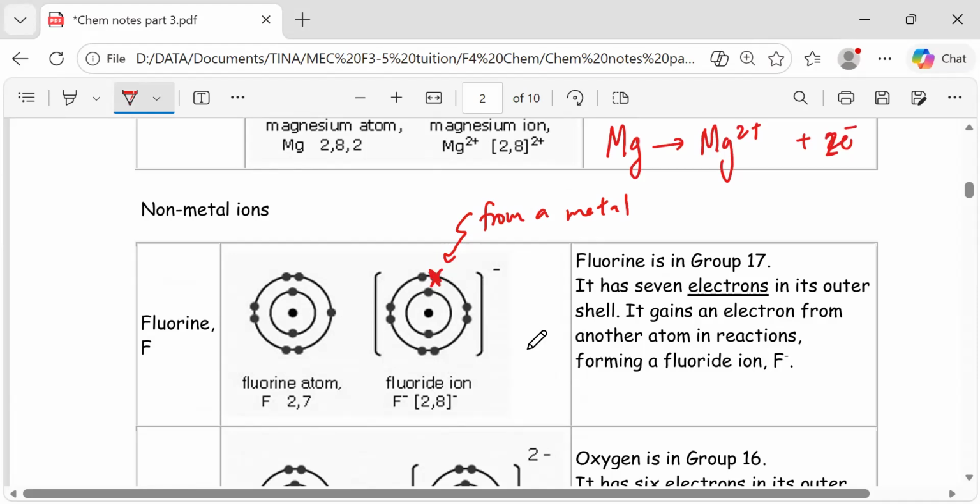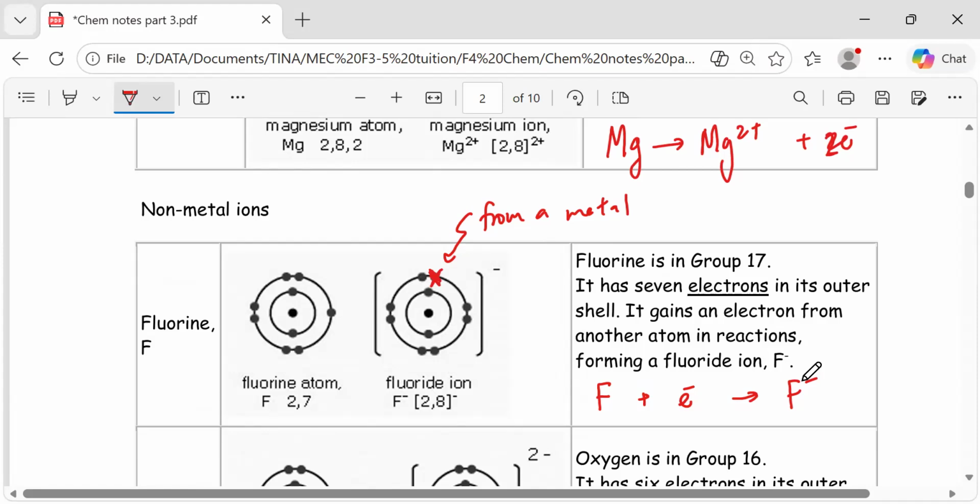How do you write the half equation for this? Fluorine receives 1 electron to become fluoride, right? However, fluorine exists as a single atom or a diatomic molecule.